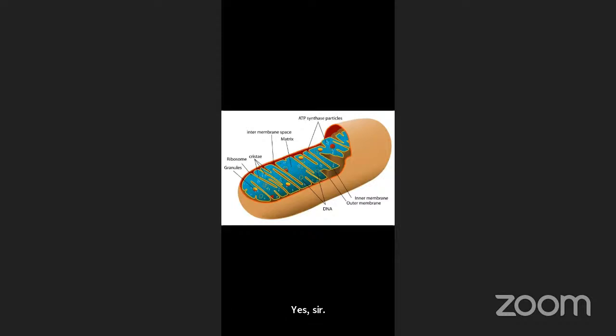Mitochondria are mainly present in eukaryotic cells only. Discovered by Benda. It is covered with how many membranes? Double membrane.